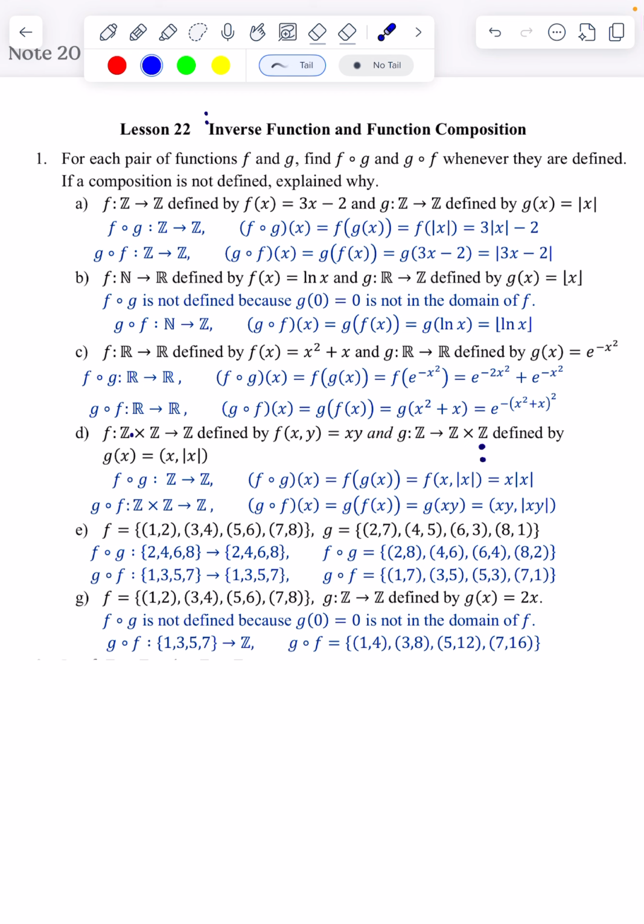That's why we are first going to find the domain and codomain of this composite function. Finding the domain and codomain is very important.